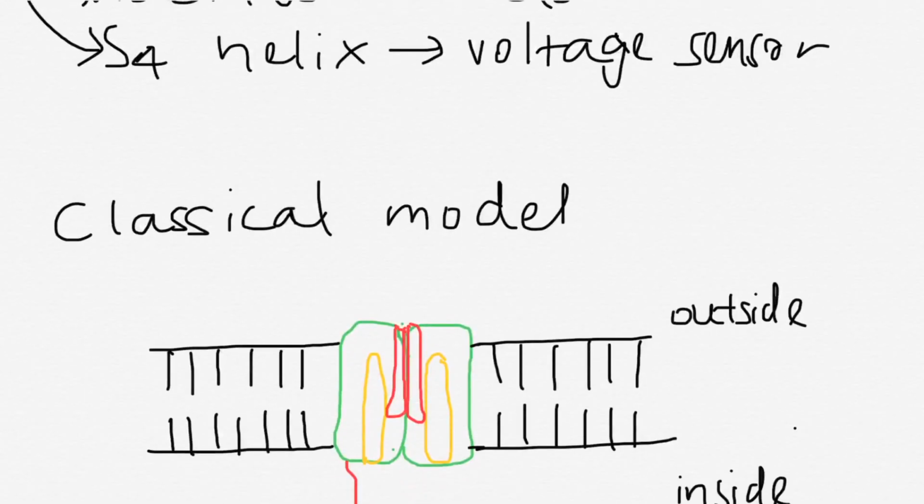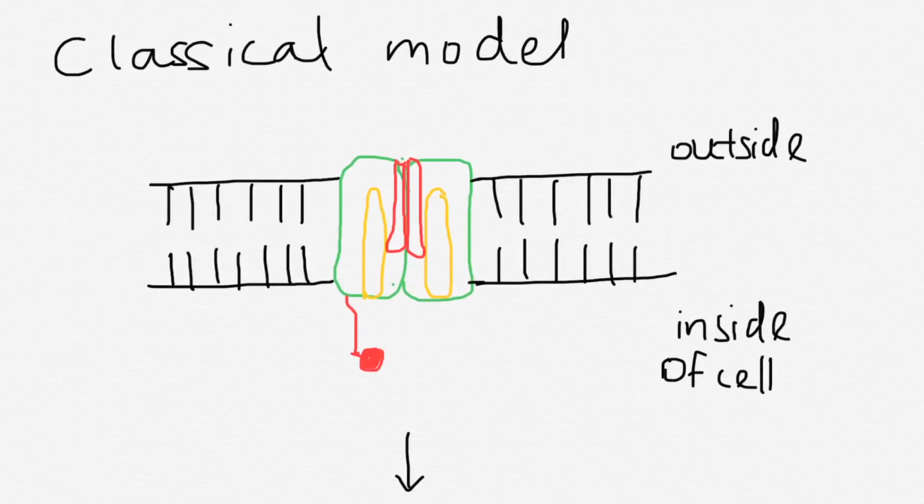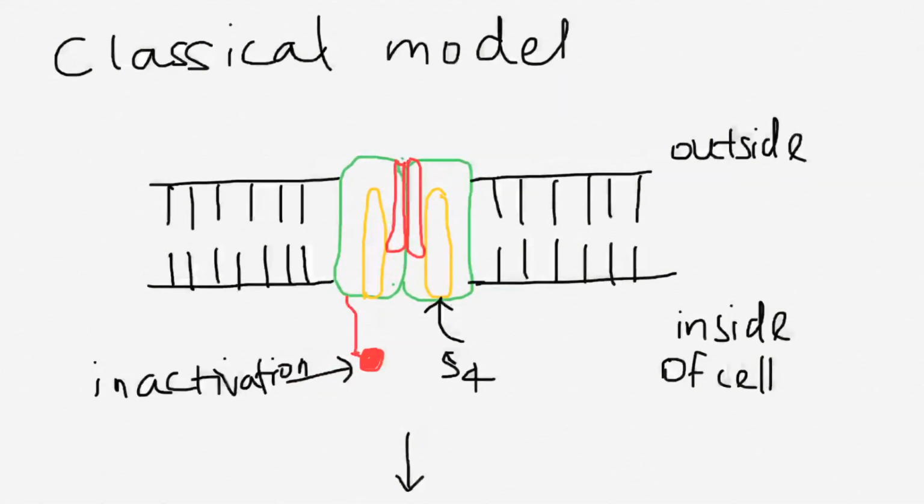Now we'll look into the classical model of sodium channel functioning. There are different models proposed, but here we'll look at the classical model. This suggests that the S4 domain moves in and out of the cell, and here we have the inactivation domain, which we will look at later. So the S4 alpha helix, the voltage sensor, as usual has its positively charged amino acids. How it helps in this case is similar to last time.